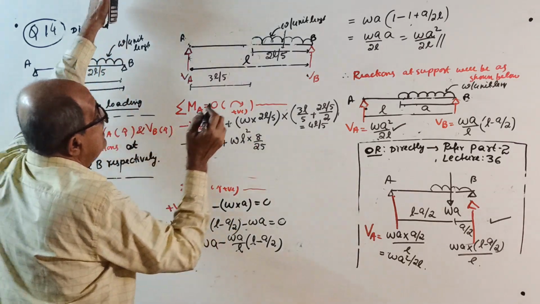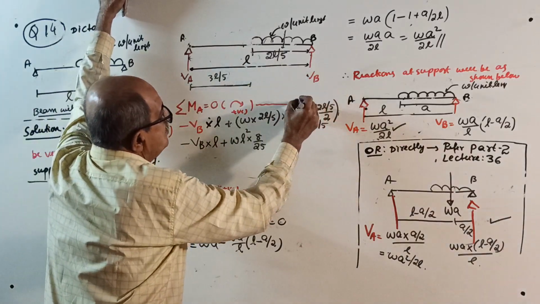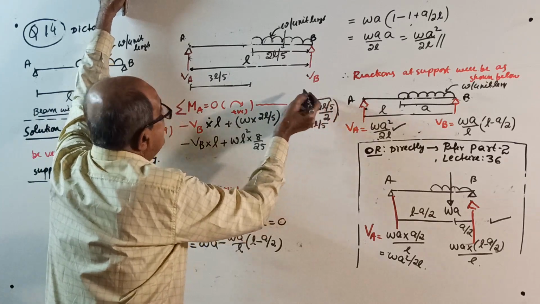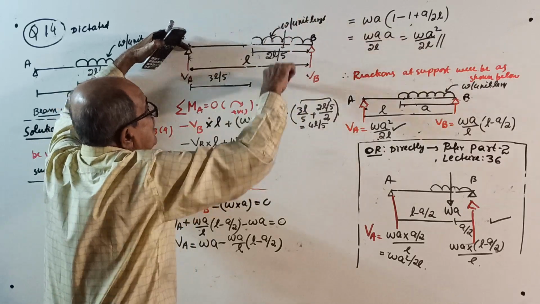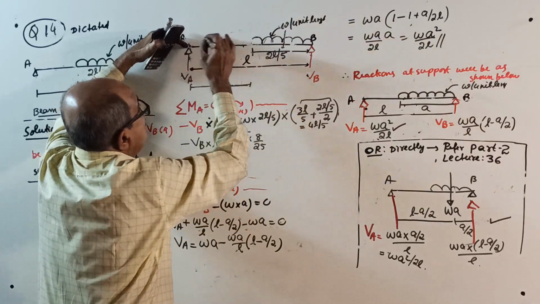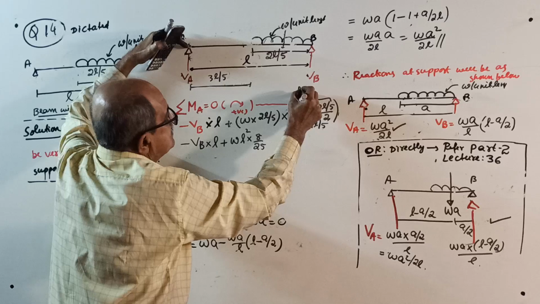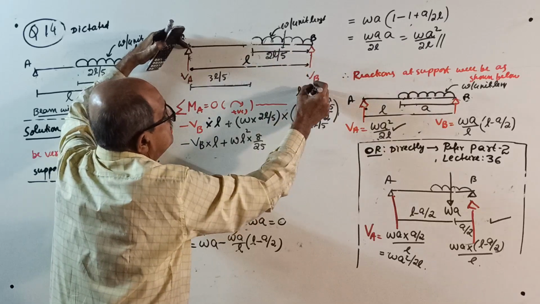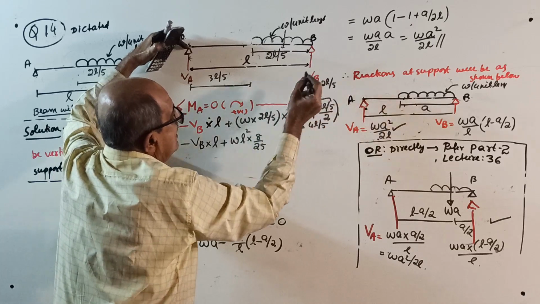Or do one thing: instead of struggling with 3L by 5 plus half, there is an alternative. Directly, minus VB into L plus the total load into the distance, from L you subtract half of 2L by 5.